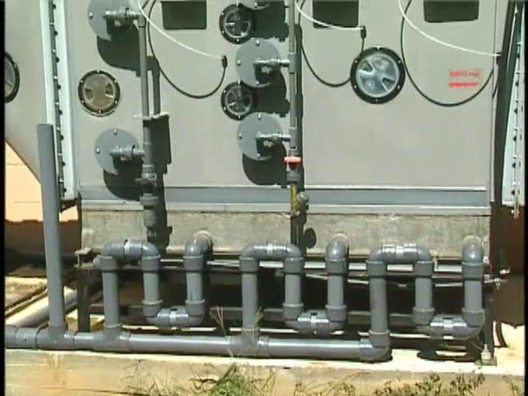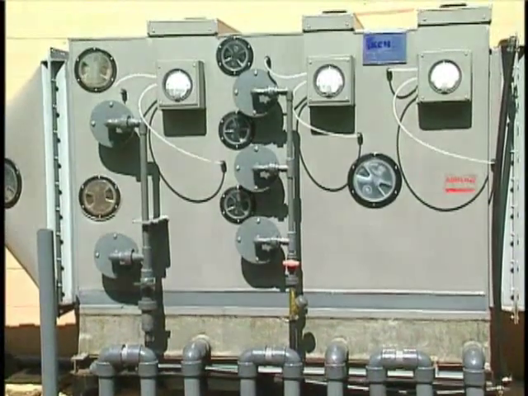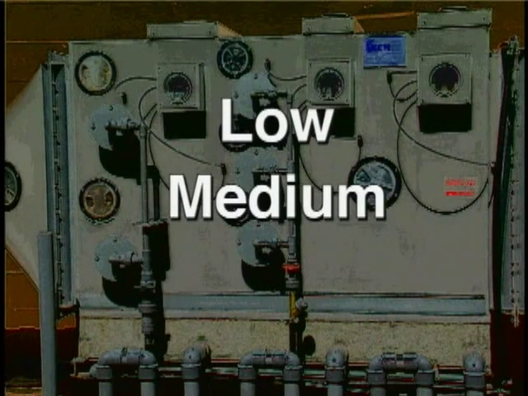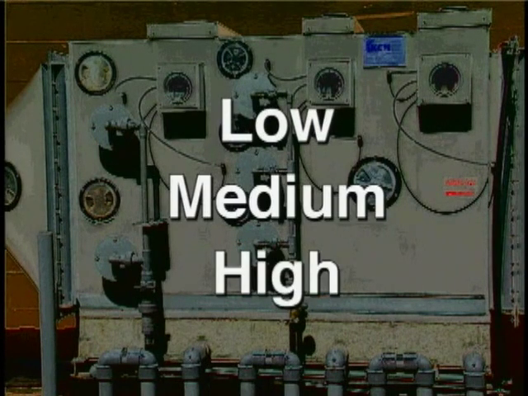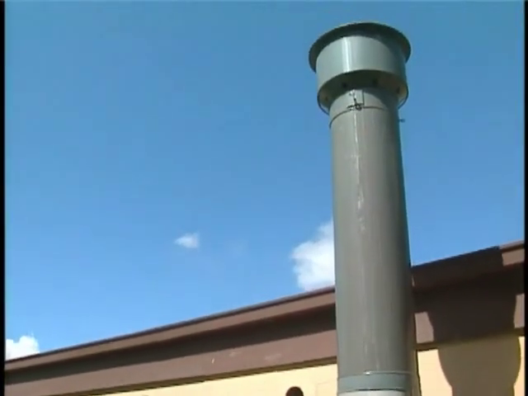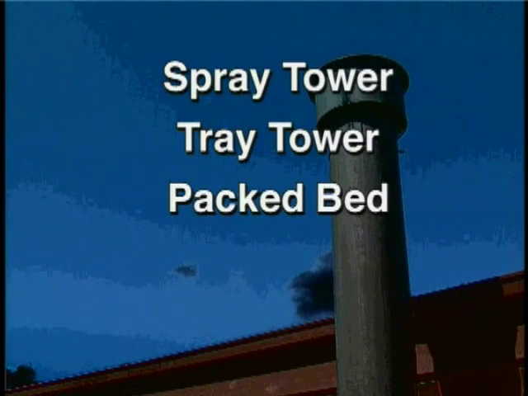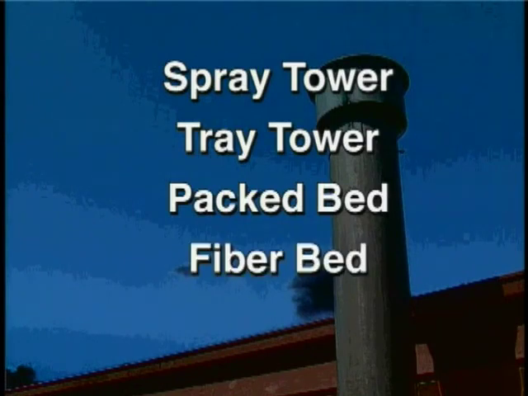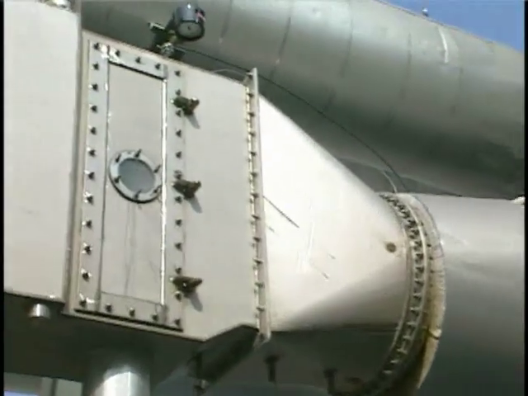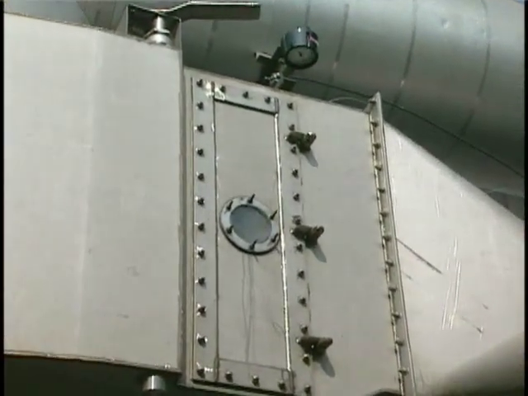To review, wet scrubbers for particles are classified by energy usage levels, which include low energy usage, medium energy usage, and high energy usage. The common types of air pollution control wet scrubber systems for particles are spray tower wet scrubbers, tray tower wet scrubbers, packed bed wet scrubbers, fiber bed wet scrubbers, and Venturi wet scrubbers, all of which are followed by mist eliminators or entrainment separation methods that remove final or exit droplets.